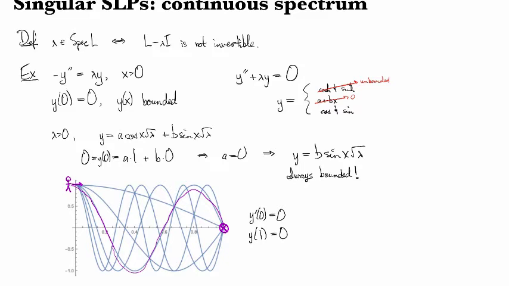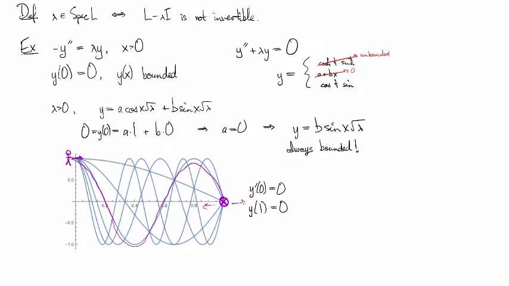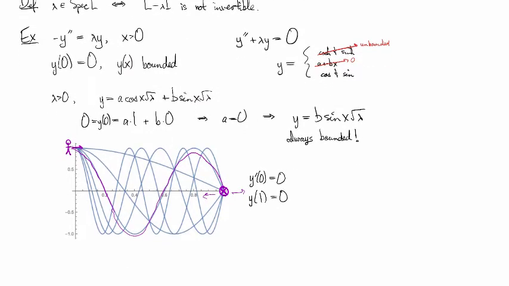So in this case, when we're just looking at bounded solutions on the entire positive real line, there's no real requirement here. I can move this target any amount backward or forward, and things are still going to be fine. So, long story short, what do we get for eigenvalues? Well, anything.